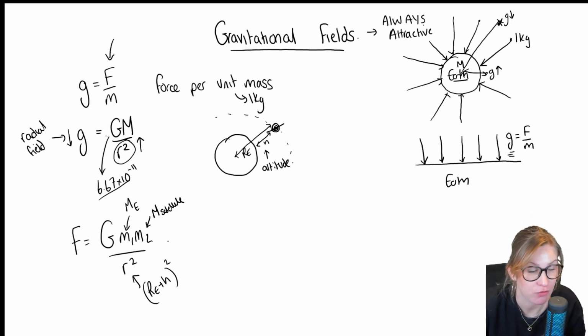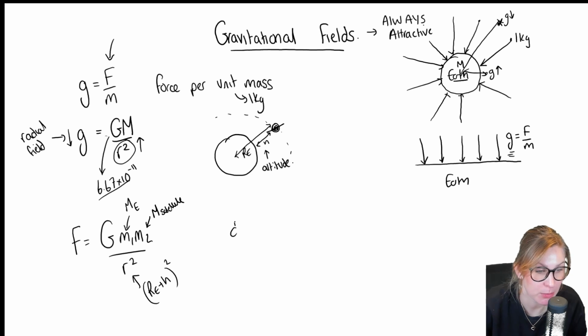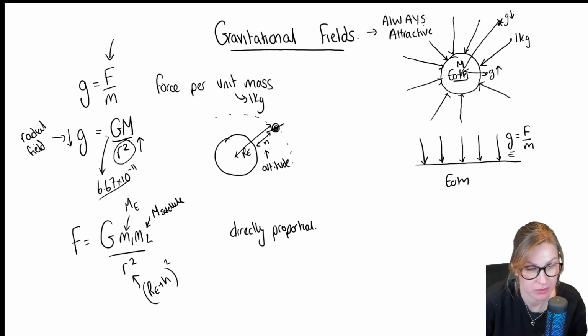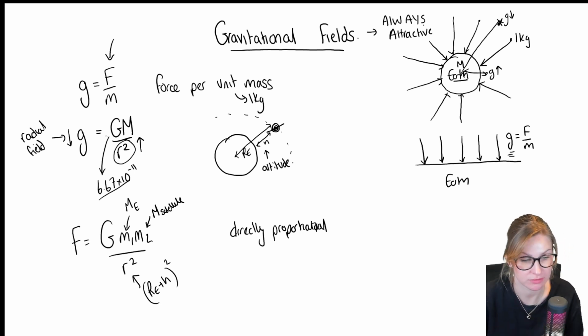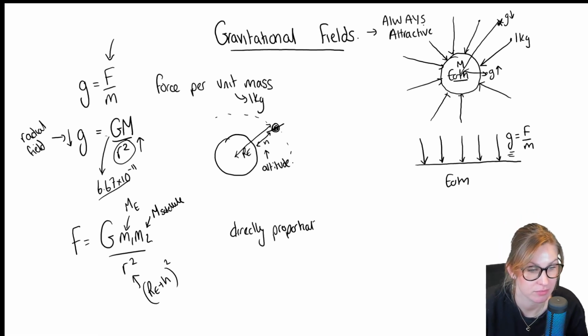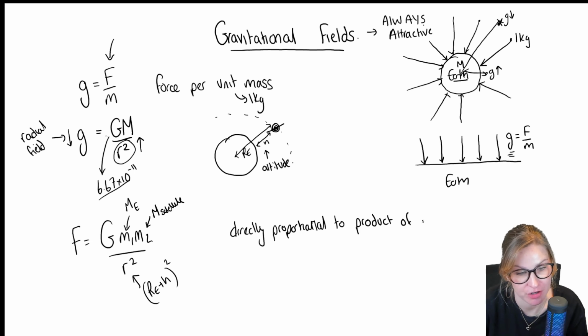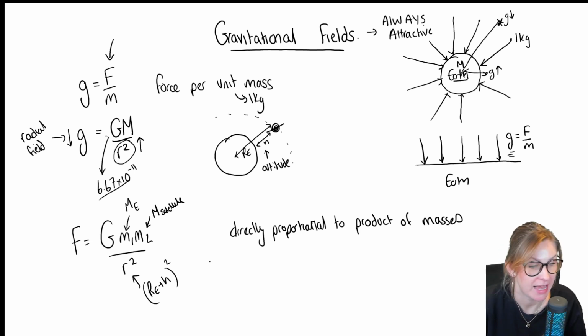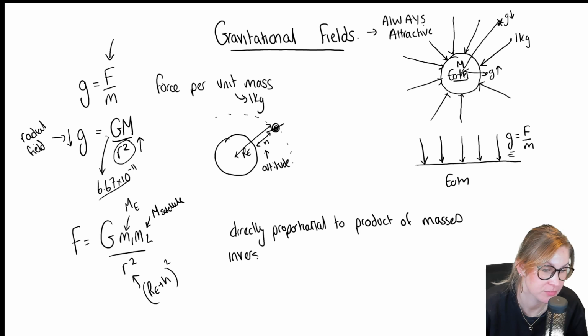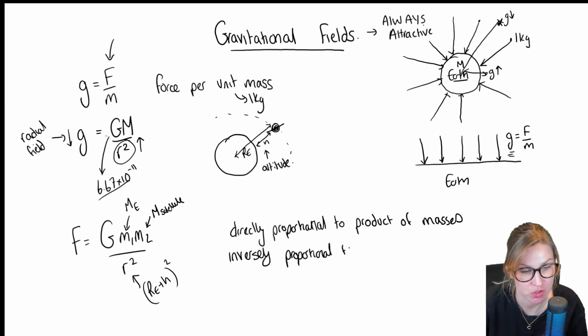So we can see that our force between two masses is directly proportional, which I can't spell, but again, what physicists can't spell, directly proportional to the product of their masses, and it's inversely proportional to the square of their separation.